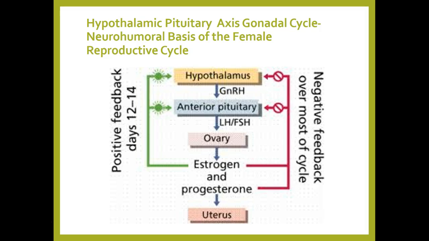And estrogen is the hormone that causes that negative feedback. It only causes the anterior pituitary gland not to make more gonadotropins, okay? And this only happens if the estrogen levels are high enough in the body to prevent that. So this happens towards the end of the second week of the female reproductive cycle. I know that's a lot, but we're going to go into a little bit more in the next slide.